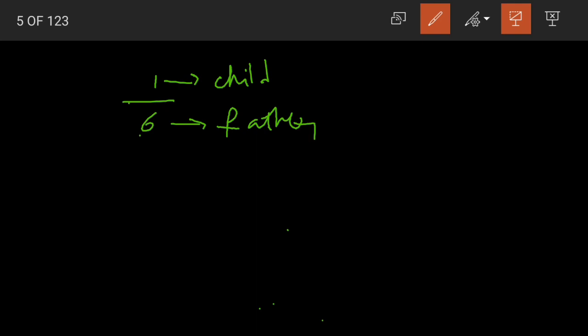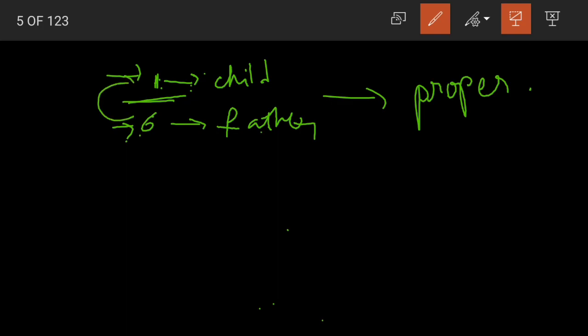Father is below and the child is on top of the father. This is called a proper fraction. The child should be above and the father should carry the weight of the child. Always consider the bigger number as the father and the smaller number as the child. So when it is like this, it is a proper fraction.